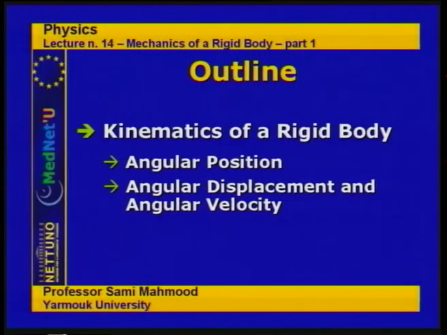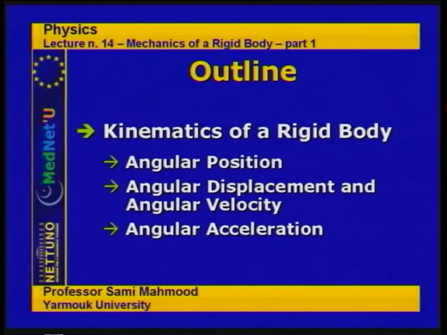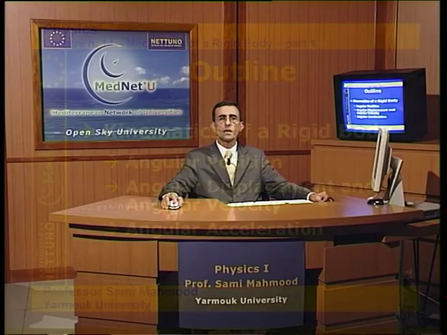So we will define the position, in which case we will define the angular position because we will be concerned with the rotational motion. We will then define the angular displacement and the angular velocity, and we will also define the angular acceleration in a similar fashion to what we have done in the case of translational motion.